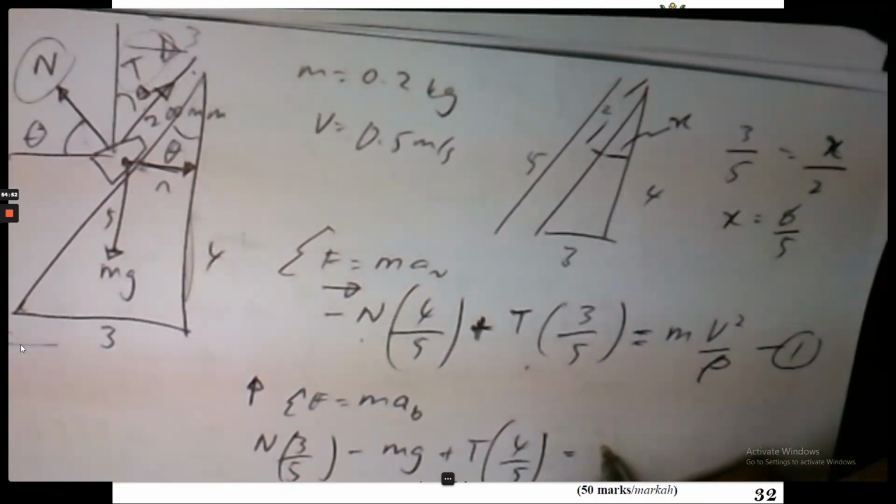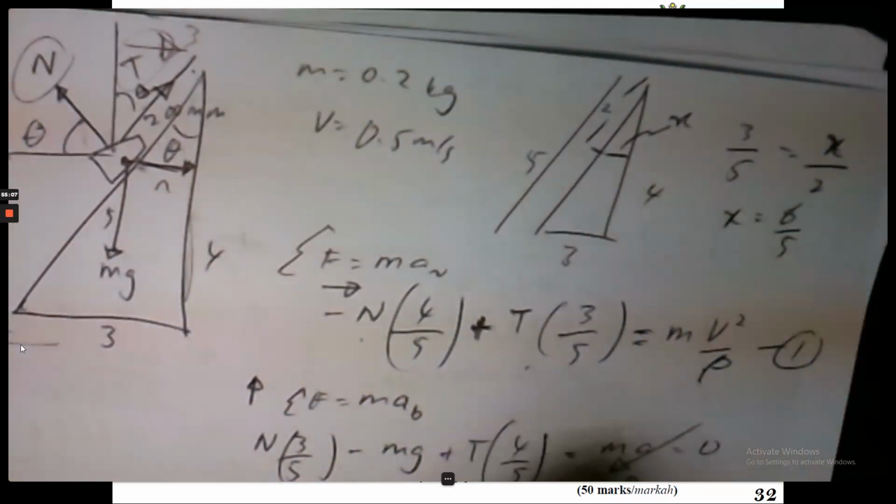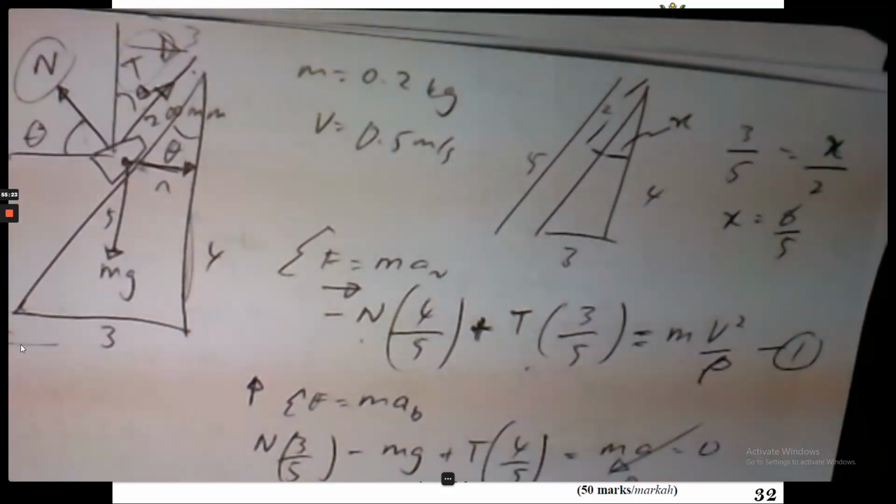Equals to m a equals to 0, so there's no movement going up. So from there we can find the N in terms of T. So 4 divided by 5 T plus mg, m is 0.2 g, times 5 divided by 3. I think I got it right, I hope. Alright, so that's N.